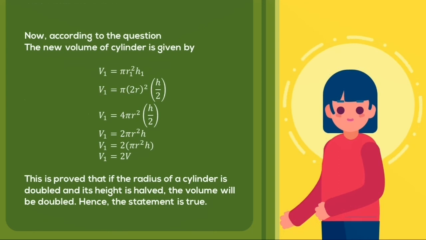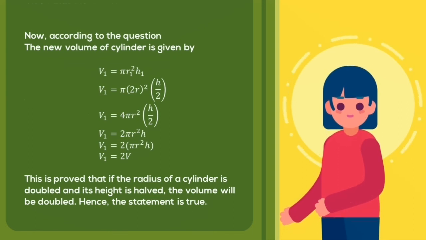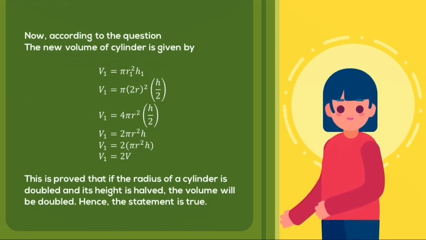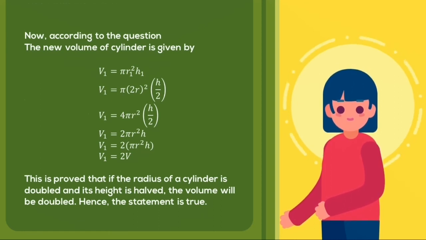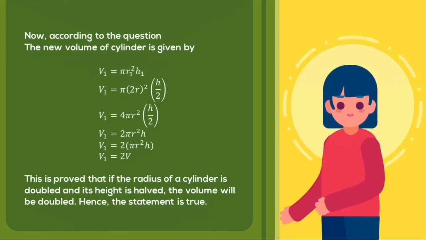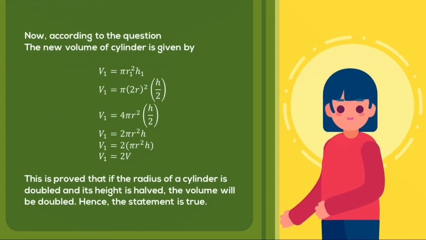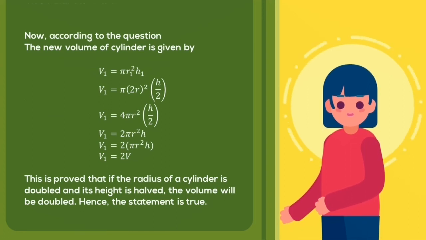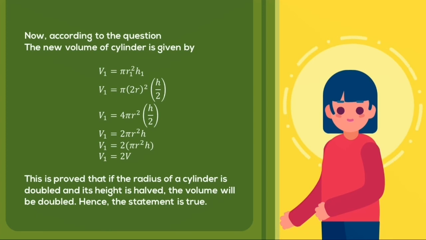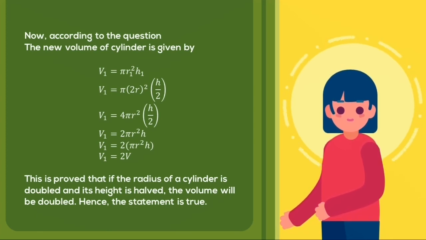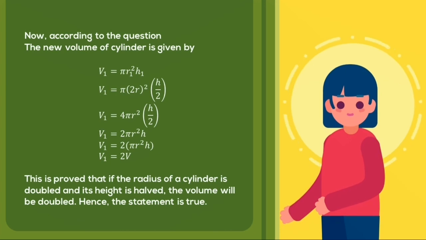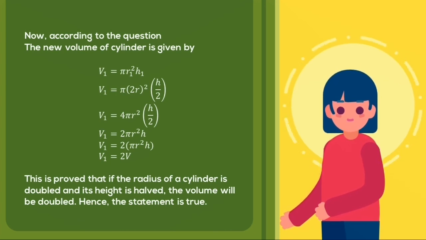Now, according to the question, the new volume of the cylinder is given by V1 is equal to pi r1 squared times h1. And since we have that r1 is equal to 2r and h1 is equal to h over 2, we have that it is equal to pi times 2r squared times h over 2.